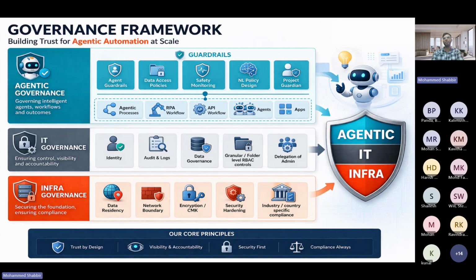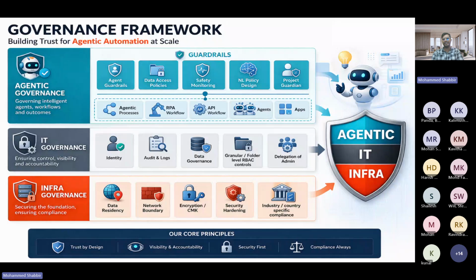Here is the place where you can define what permission at what folder level and at what tenant level. Basically, inside a tenant, on what particular subfolder you need to give the access. In this way, we can delegate the required access, the required control to the particular person. We can manage that here, in the IT governance.